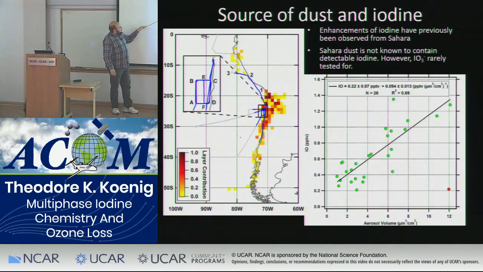So on here, I'm showing in blue the track of where we observe layers on the HSRL below us, where when we then intercept that same aerosol layer, we see such an enhancement. So you can see that this is South America here. We observe such layers for quite an extended period here. So this is thousands of kilometers north and south, hundreds of kilometers east and west off of the coast.